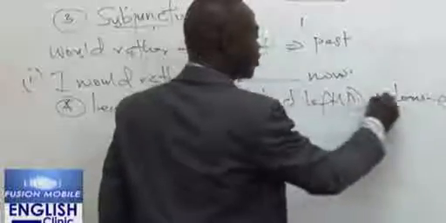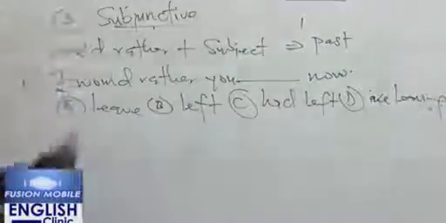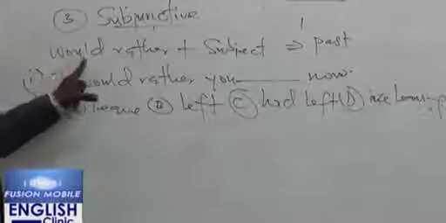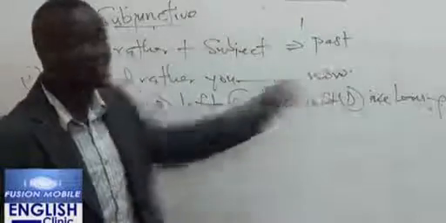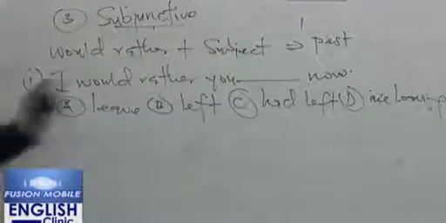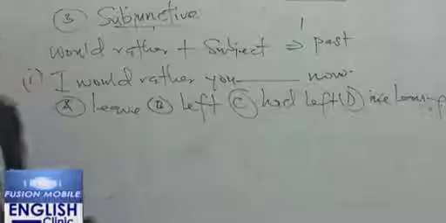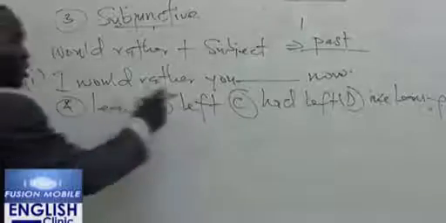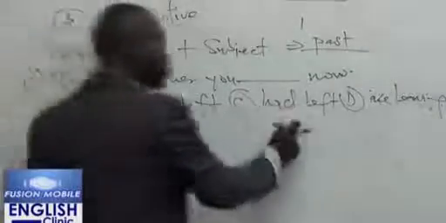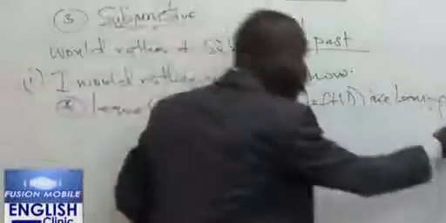Now, I told us whenever we have the expression would rather followed by the subject, the past subjunctive is used. That is the past tense. So look at this sentence. I would rather you dash now. This is present tense, this is past tense, this is past perfect, and this is present continuous.